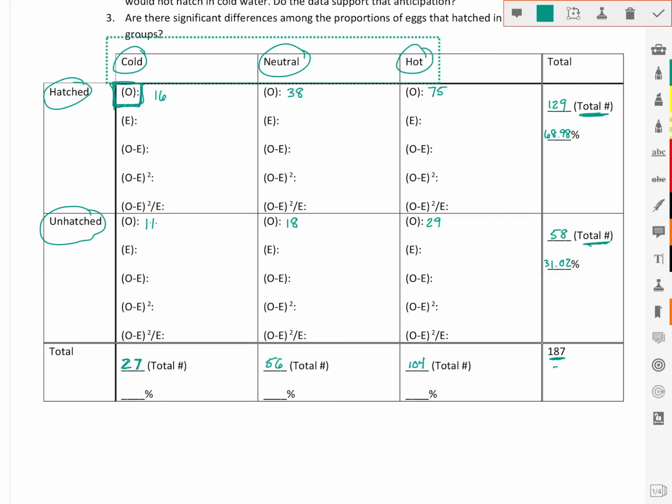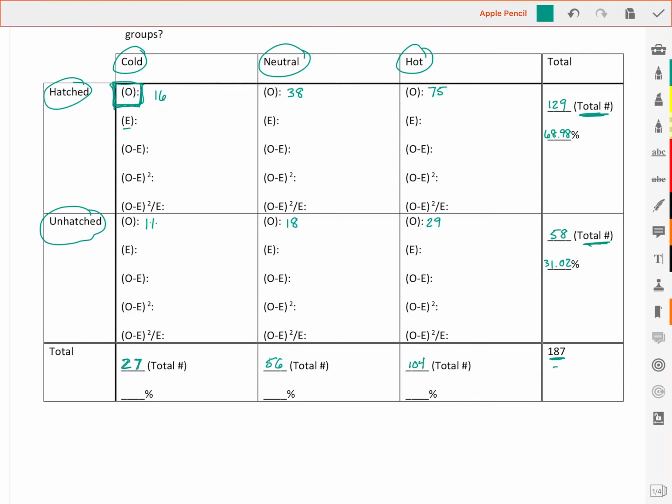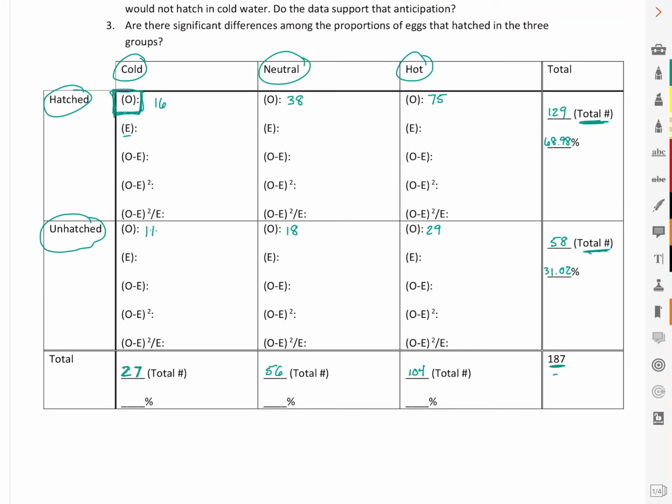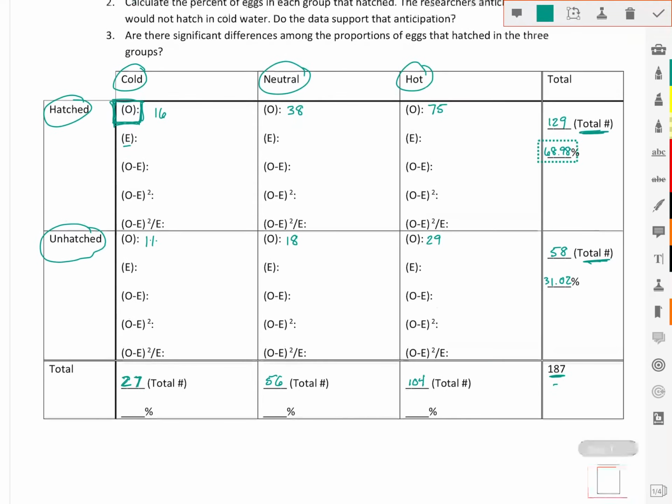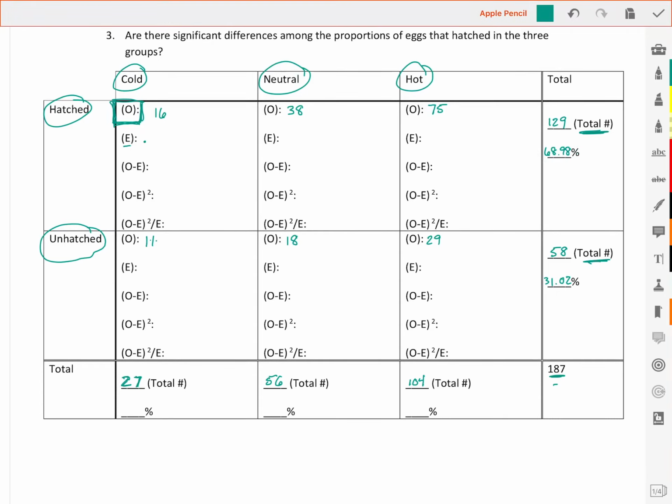So now, if I'm in the cold condition, I want to ask this question: I observed 16 eggs were hatched. How many did I expect? Well, I expected 68.98% of any of my groups to be hatched. That's the null hypothesis. If these groups aren't different at all, I expect 68.98% to be hatched.